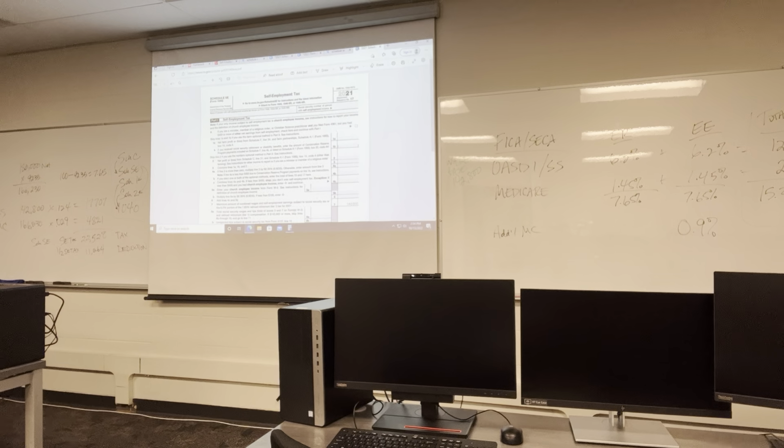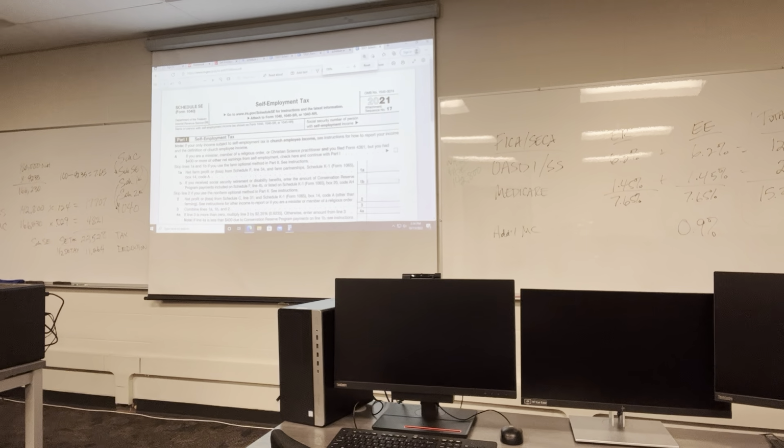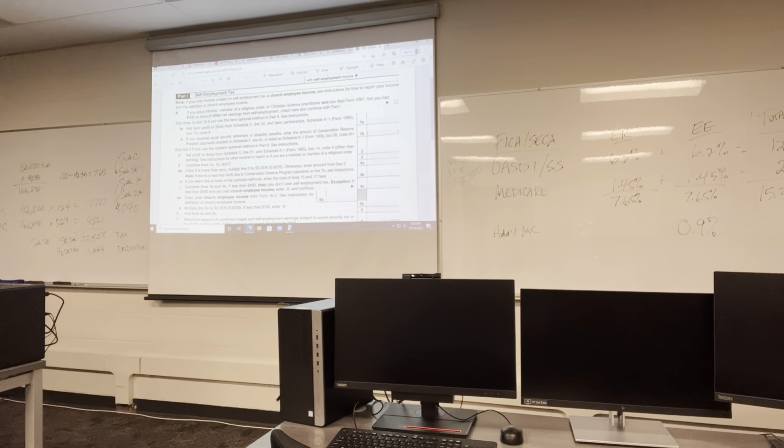So all that calculation is done right on this form. Net profit or loss from Schedule C, let's say it's the 152. We're not going to combine anything. If line 3 is more than 0, multiply by 0.9235, we did that, 4372.